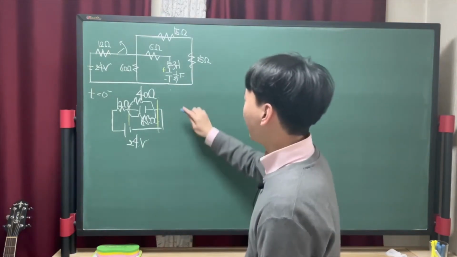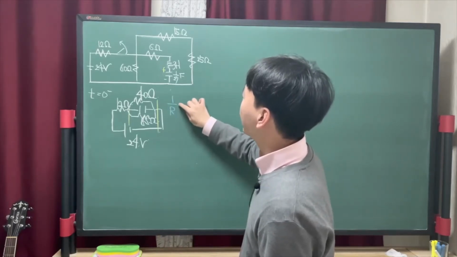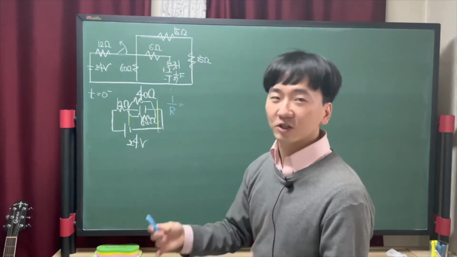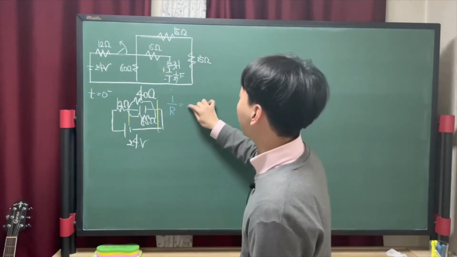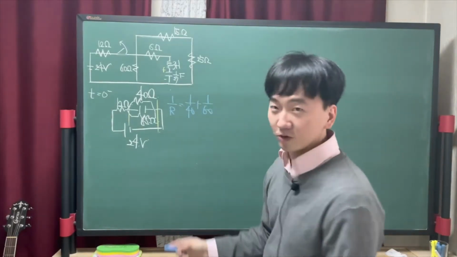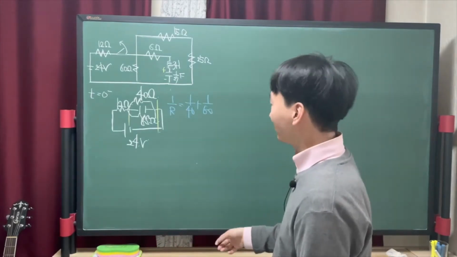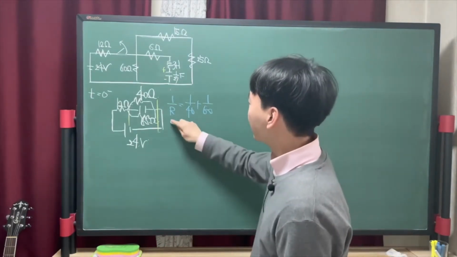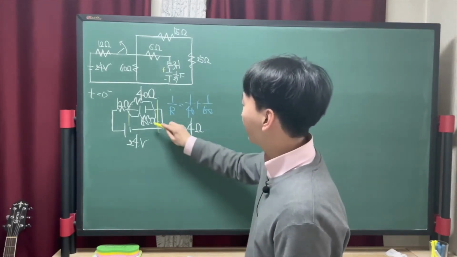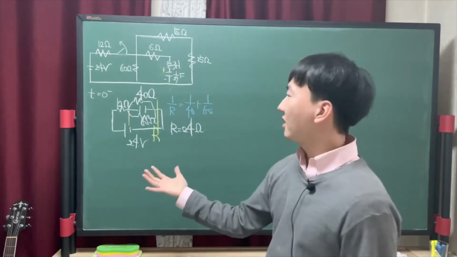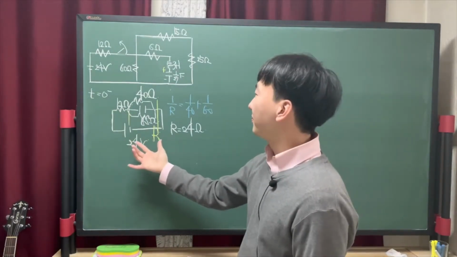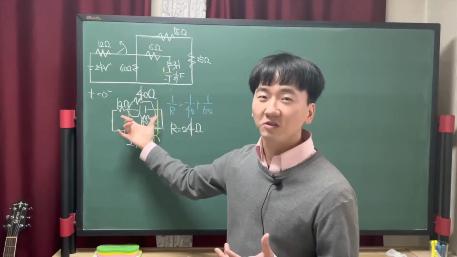so we need to calculate the resistance. We have to know these resistances connected in parallel, this is 40 ohm and 60 ohm. You all know this formula, and that means this is 24 ohm. Here the resistances are 12 ohm and 24 ohm, so totally 36 in series.